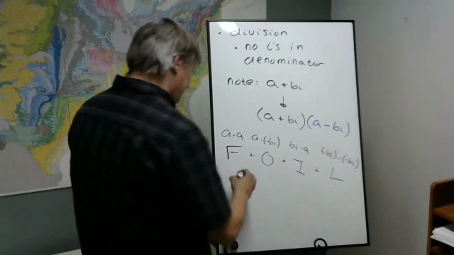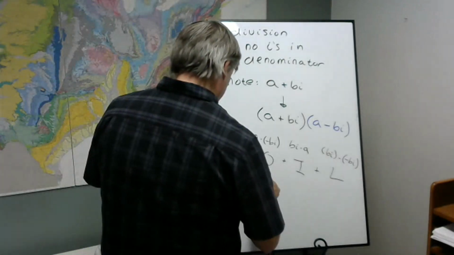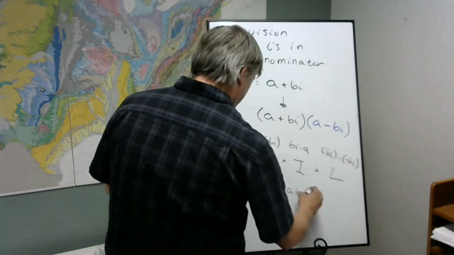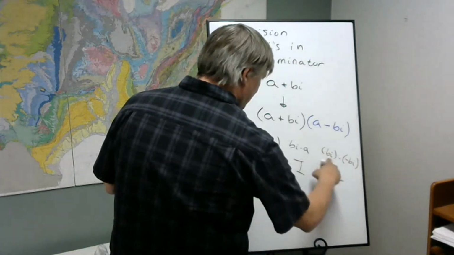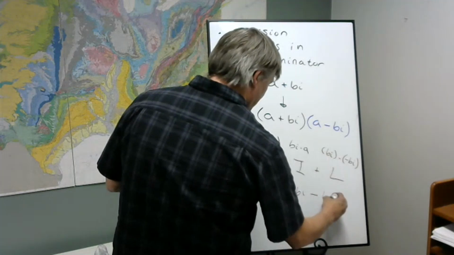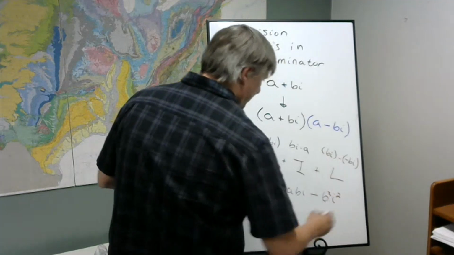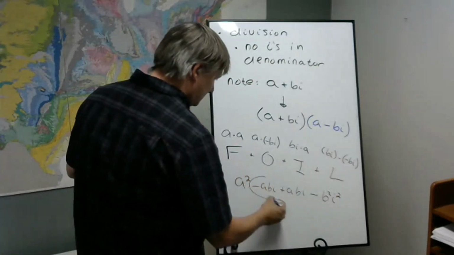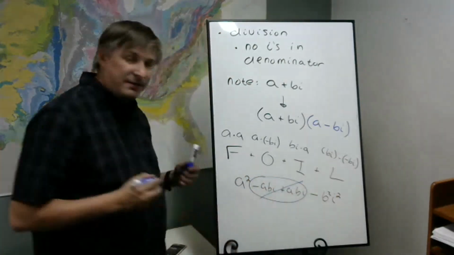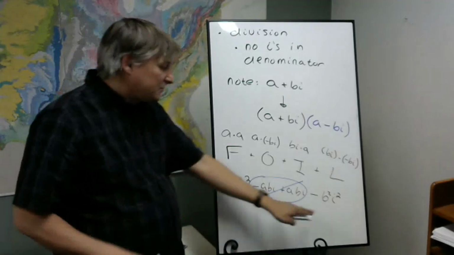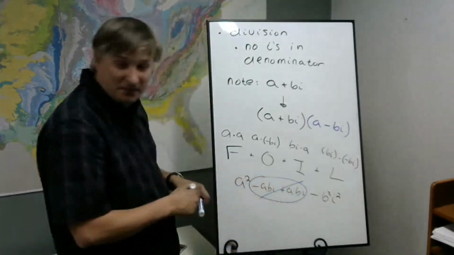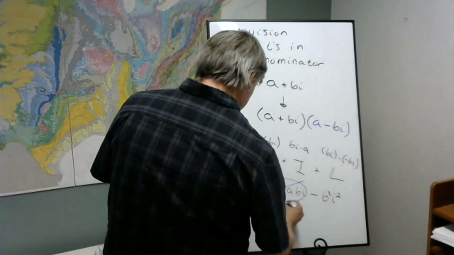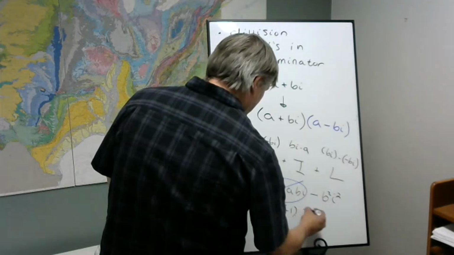So putting this all together, we'll get a squared minus abi plus abi, and then this will become minus b squared i squared. Now these in the middle, they cancel. And then what we're going to get is a squared minus b squared i squared, and i squared is -1.